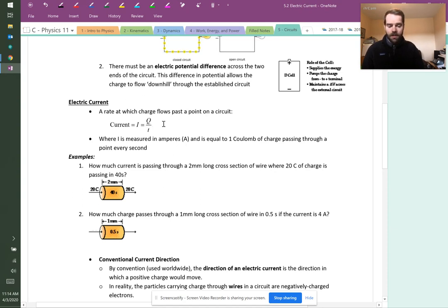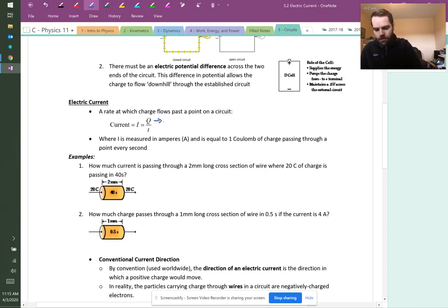Current is the flow of charges, and it's defined as the rate at which charges flow past a point in a circuit. So if we look at that in terms of an equation, current is defined as I. I is the symbol for current, and it is equal to the charge.